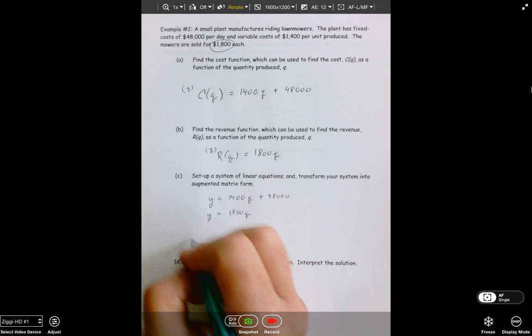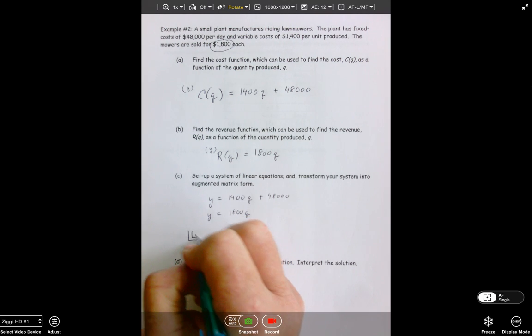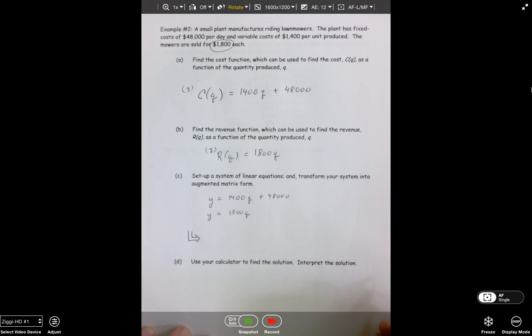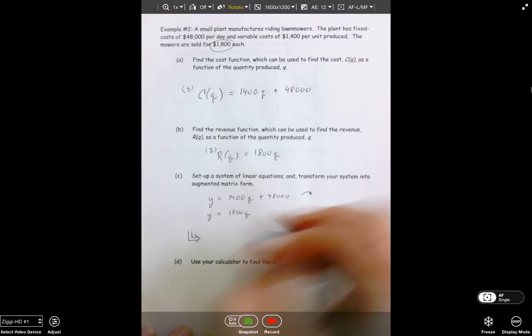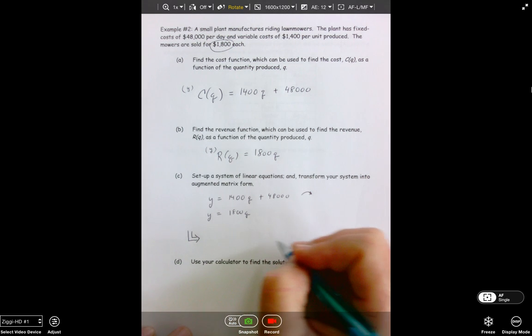what I could do is visualize this as what I've done before. Well, I don't really want to flip it.